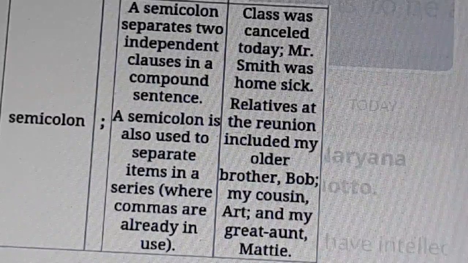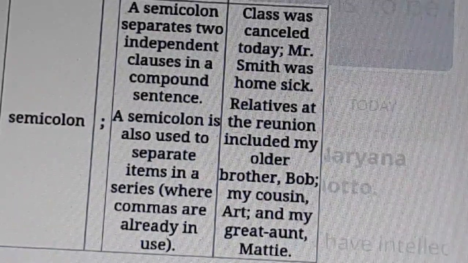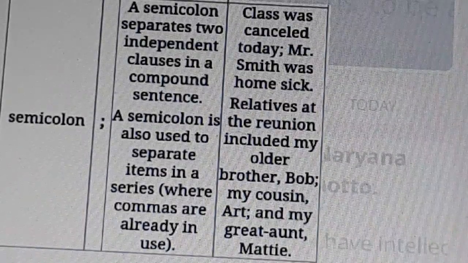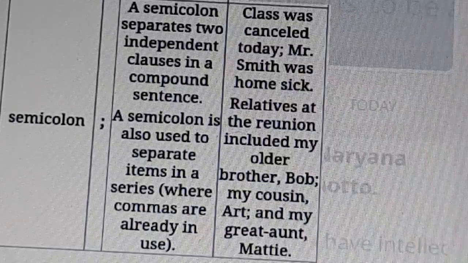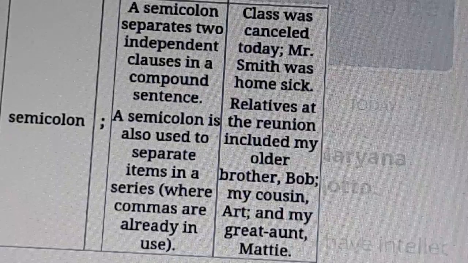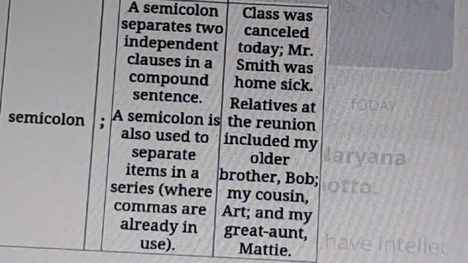A semicolon is also used to separate items in a series where commas are already in use. Relatives at the reunion included my older brother, Bob; my cousin Art; and my great aunt Mattie.